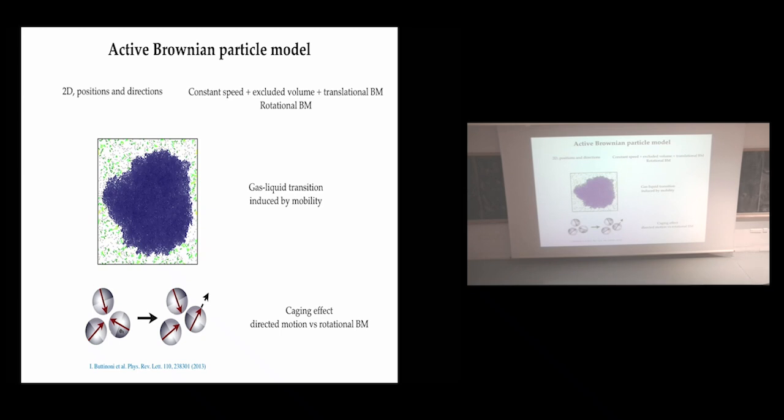Let's start from where we stopped yesterday. Just to recap briefly, yesterday I tried to guide you a little bit through a couple of simple models that describe some phenomenology of active matter and collective behavior of self-propelled units.